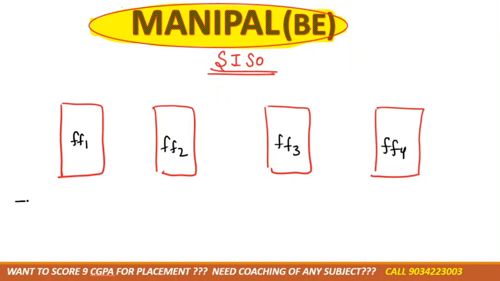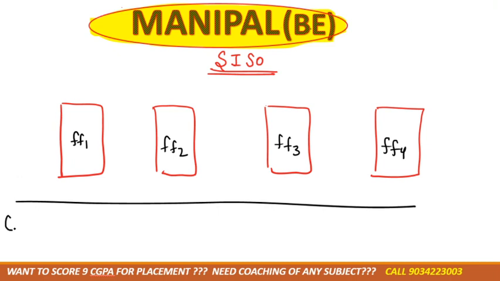All are triggered with the same clock. This is the clock. All are negative edge triggered or positive edge triggered, that depends on you. You can take any of them. Okay, I'm taking positive edge triggered. I told you, if there is a circle over there then it is negative edge triggered. If there is no circle over there then it is positive edge triggered. Correct?